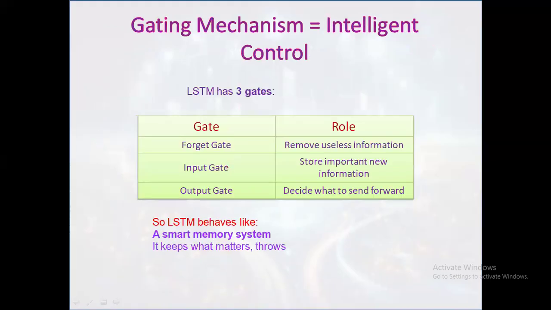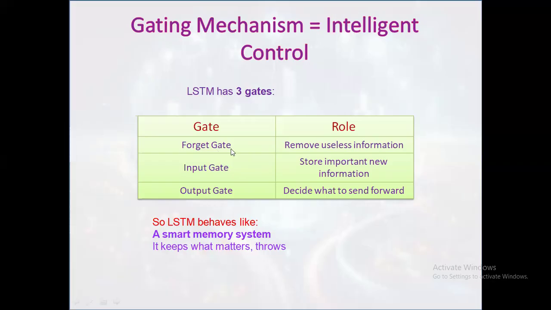Next, cell state, the long term memory cell. The cell state is the core of LSTM and acts as a highway for information flow across time steps. Here, information moves through this path with only minor linear interactions instead of repeated nonlinear transformations.